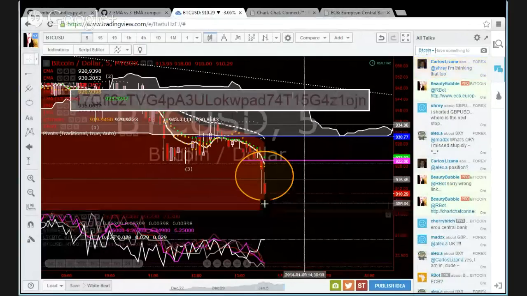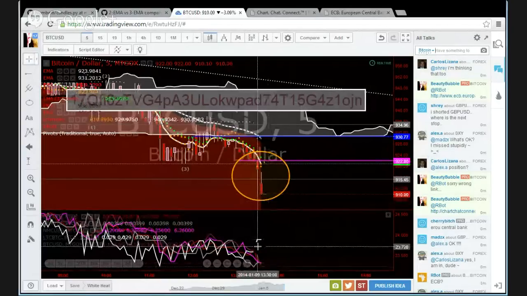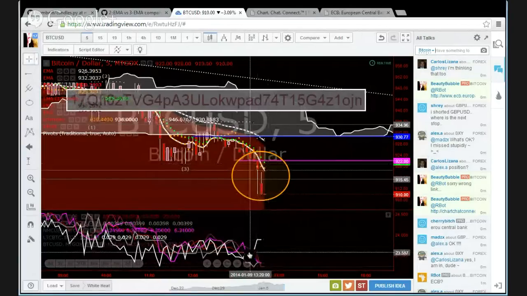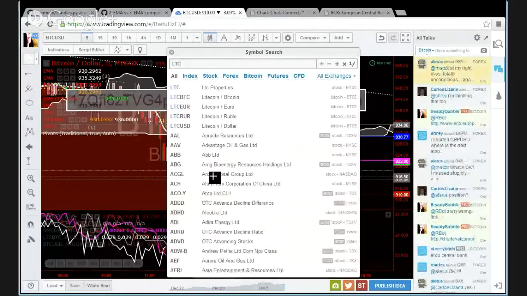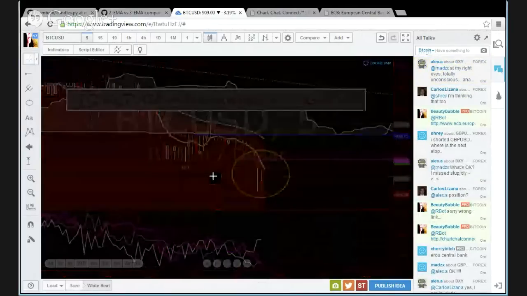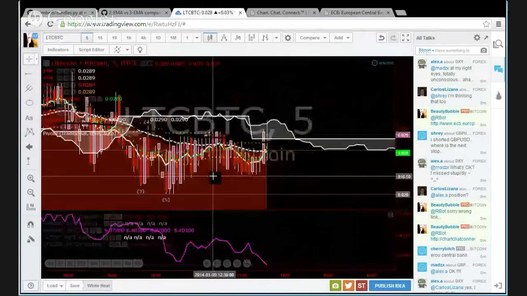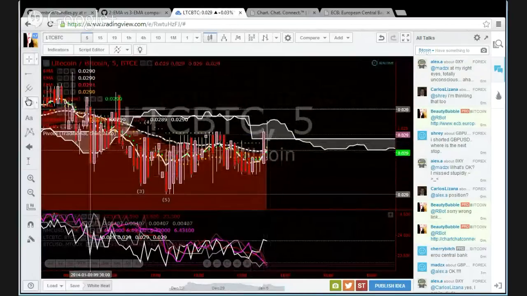So see that down bid is holding. The rest of the coins, the only coin that did not respond as poorly was Litecoin, LTC. LTC, BTC. Look at how LTC, BTC responded, guys.